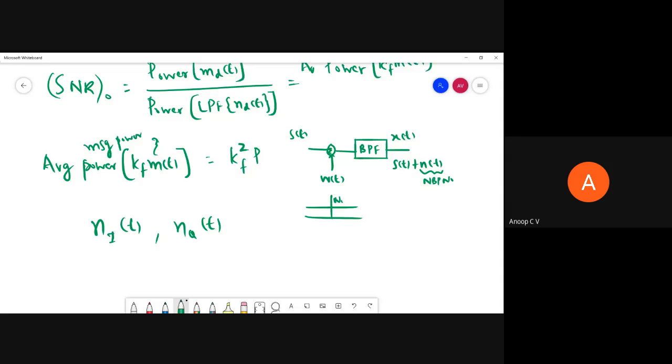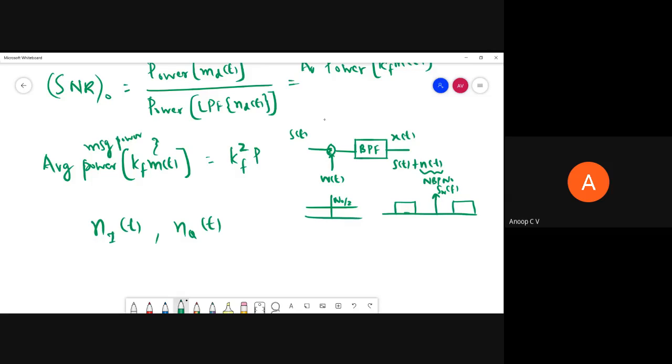It was n naught by 2 everywhere, a power spectral density equal to n naught by 2 on both sides. But when you pass it through a band pass filter, you'll get something like this, the output spectrum Sn of f.